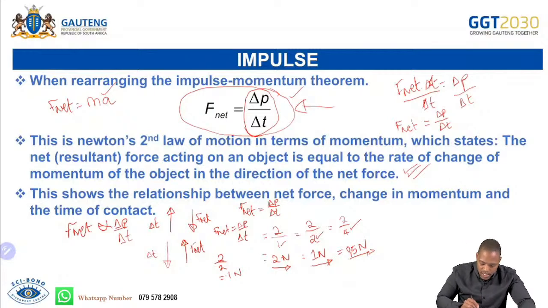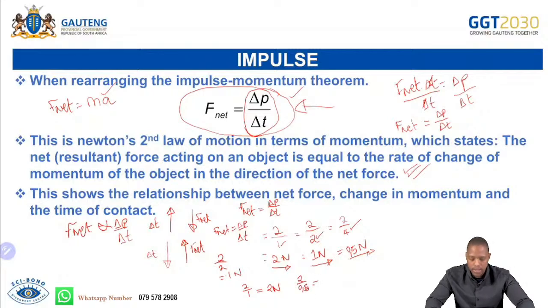Now, let's decrease the time and say 2 over 1. The 2 over 1 second, we are decreasing the time. What happens to the force? The force is going to go up to what? To 2 newtons. Okay? Let's say the same 2 over 0.5 seconds.